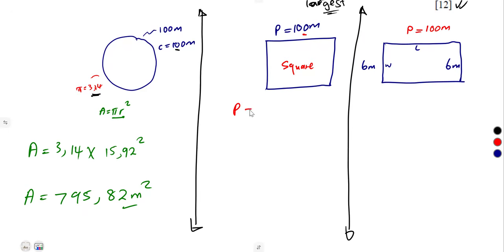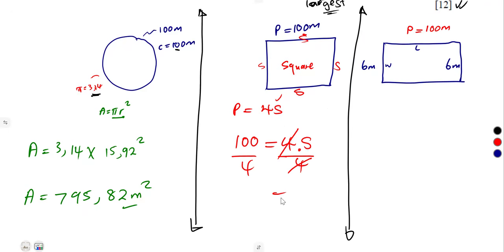The perimeter of a square is 4s, but we need the area, which is side squared. So from the perimeter, let's calculate the side of the square. We know all sides are the same. So perimeter 100 is equal to 4 times s, each side. Divide by 4, as we've got a product, so we can solve for s.